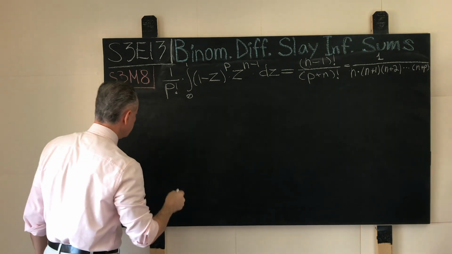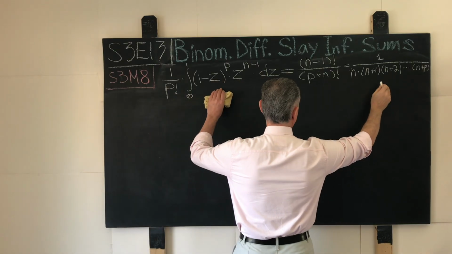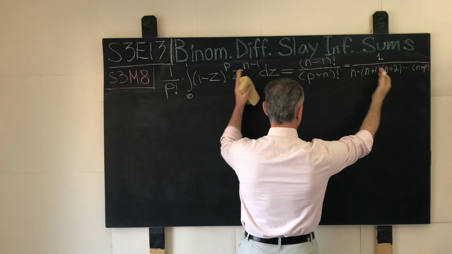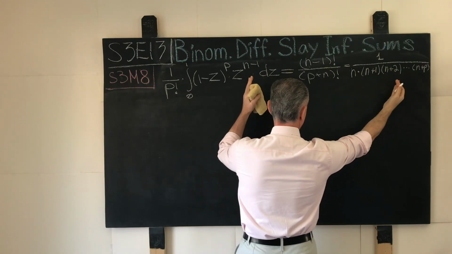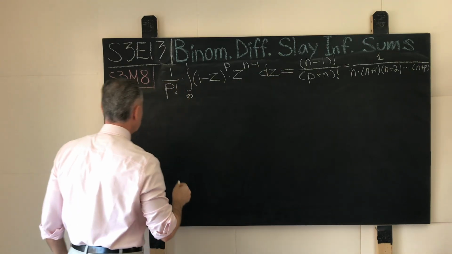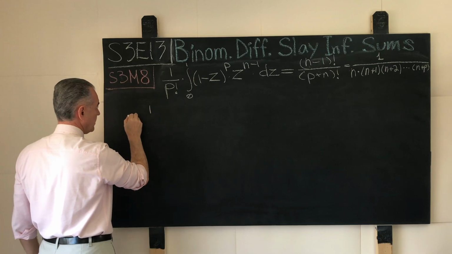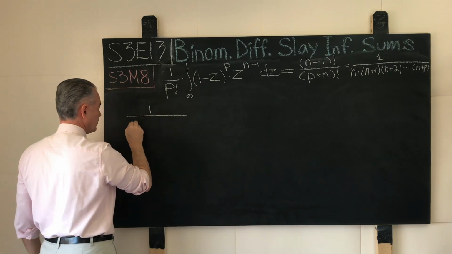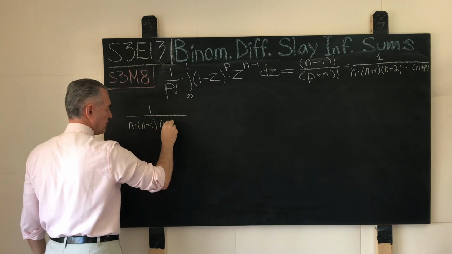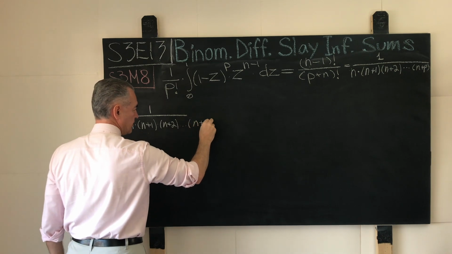Well, now you should see that what we do is, let's say we rewrite this relation, we omit this result, we drop it, we glue these two results together, the right hand side and the left hand side, and then we switch them around just to make it more traditional, if you will. So here we will have this number over here, n times n plus 1 times n plus 2, and so on, n plus p.